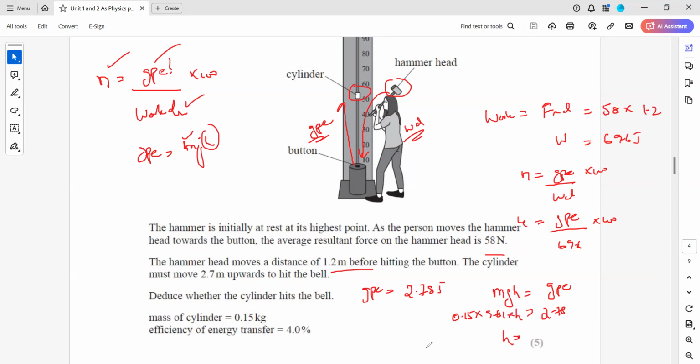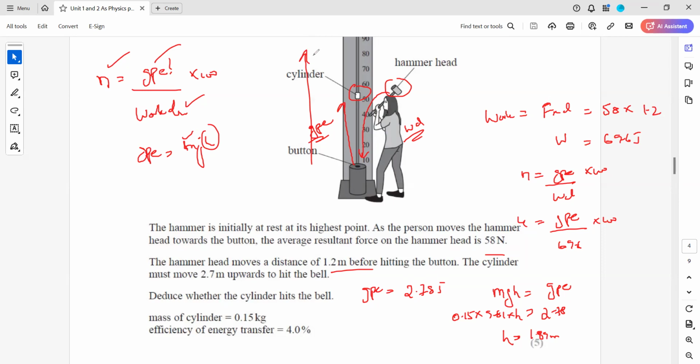When we work out the height, this will be about 1.89 meter. So 1.89 meter is less than 2.7. So this will not hit the bell, because to hit the bell, it must travel 2.7.